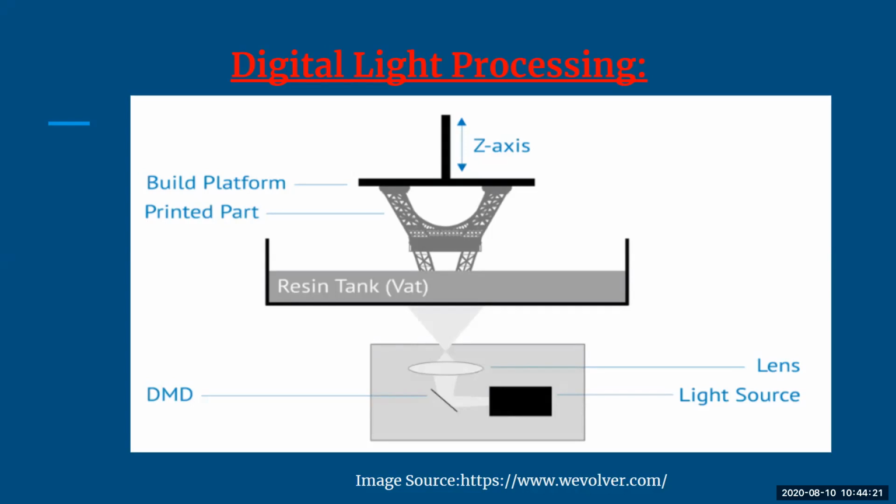Liquid resin is a liquid material used to build the solid parts or products of 3D printing. There are different metal powders used in your resins, so in your resin tank there will be different metal powders. With the help of that you are going to design the product. So this was your DLP, digital light processing.